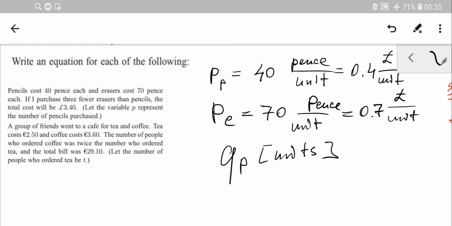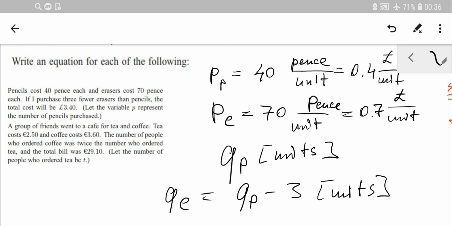It's just 3 less, or 3 fewer. So in order to complete that, you simply need to take the quantity of P and subtract 3. That stands for the quantity of erasers, in units.